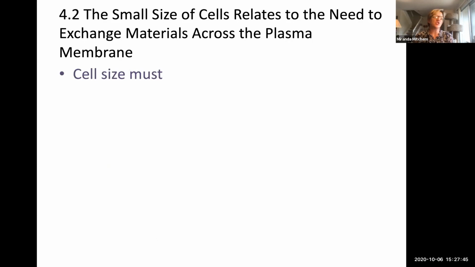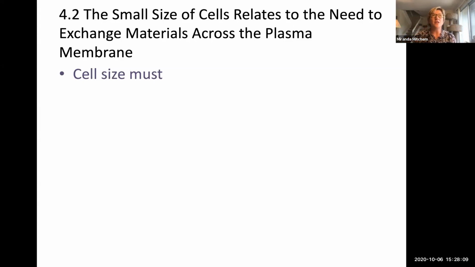Now, cells have a challenge, and this is true of every single cell there is, and it's always been true. It's not new. It is a challenge that has been there since all of evolution. So cells must be big enough to hold everything they need. Right? There's a lot of stuff that has to get crammed into that cell.